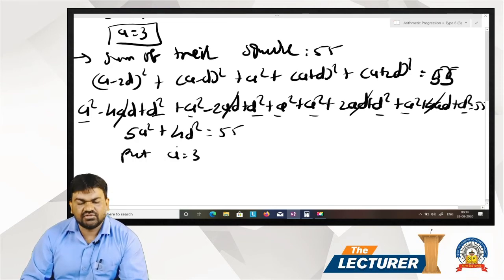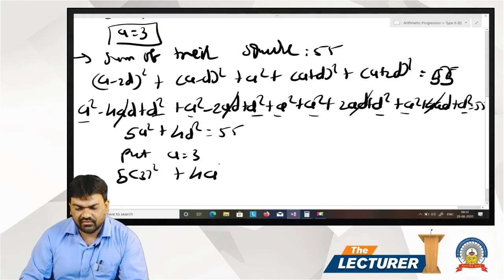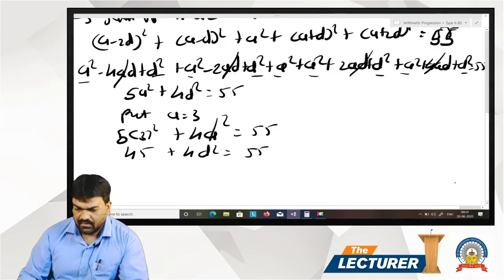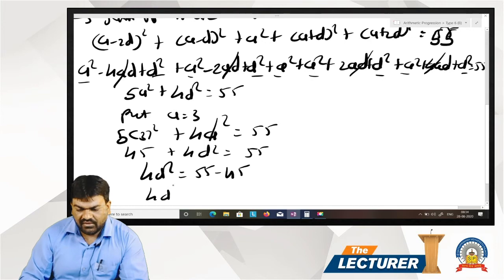Put a is equal to 3. 5 multiplied by 3 square plus 4d square is equal to 55. 3 square is 9, 9 multiplied by 5 is 45, plus 4d square is equal to 55. So 4d square is equal to 55 minus 45, 4d square is equal to 10.